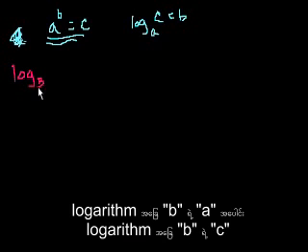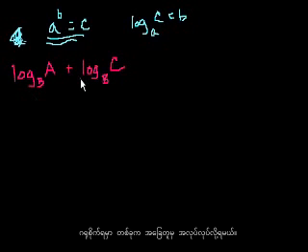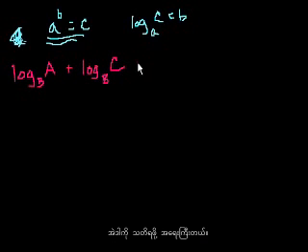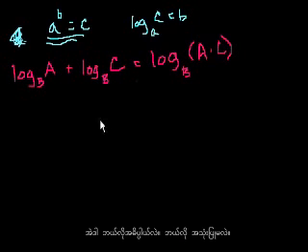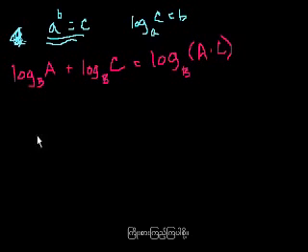Logarithm base b of a plus logarithm base b of c, and this only works if we have the same base, so that's important to remember, equals the logarithm base b of a times c. Now, what does this mean, and how can we use it? Let's try it out with some examples.